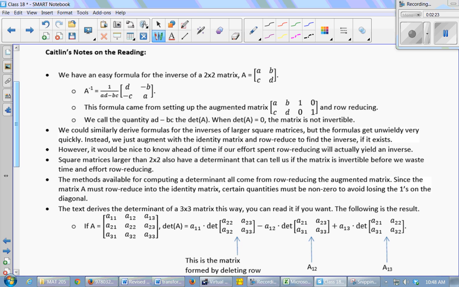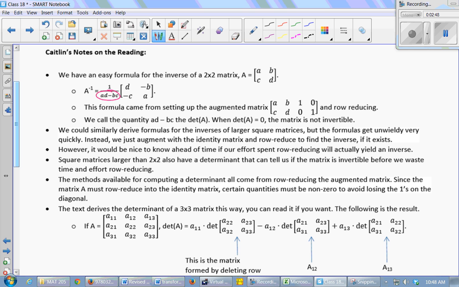And we call this quantity, this AD minus BC, an important quantity, the determinant. When the determinant is 0, the matrix is not invertible because you can't put a 0 in a denominator, right? That just wouldn't make any sense. So when the determinant is 0, there is no inverse matrix.